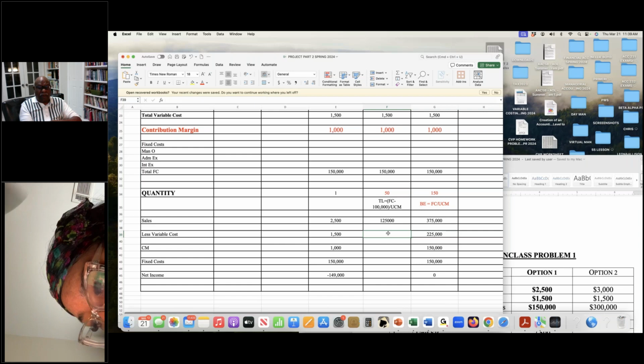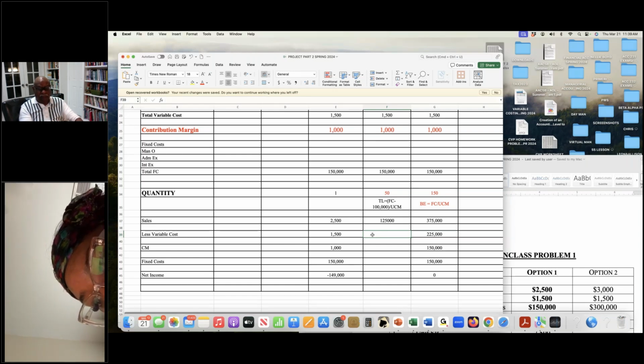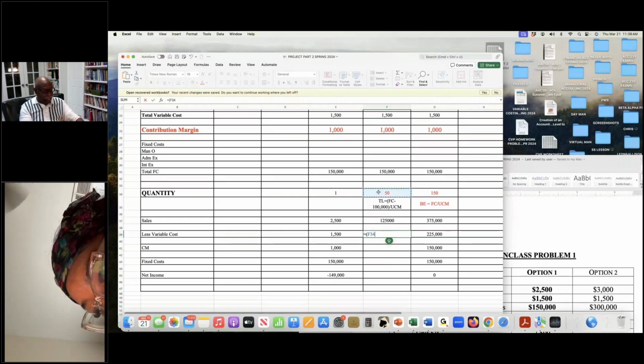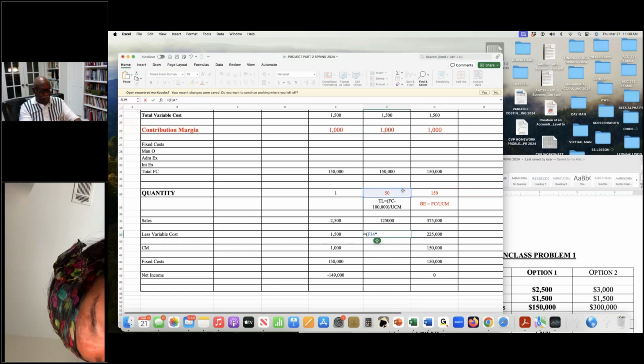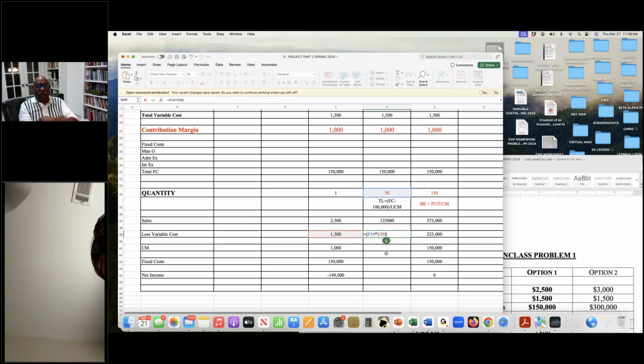The cost is going to equal what? We're going to click on the 50 again. Then we're going to multiply it times the 1,500. We got 75,000.